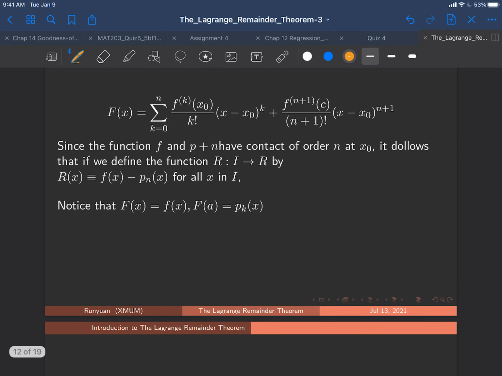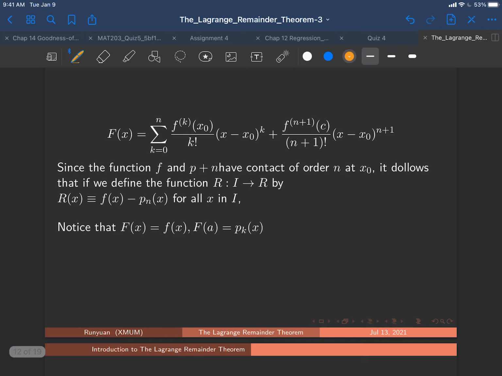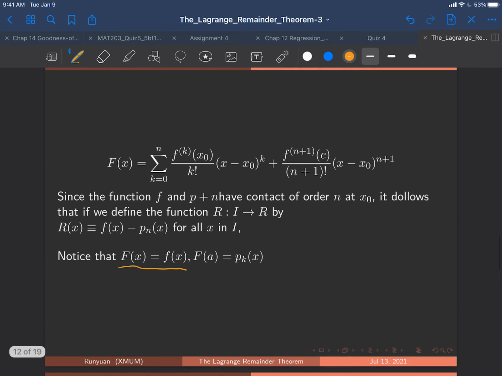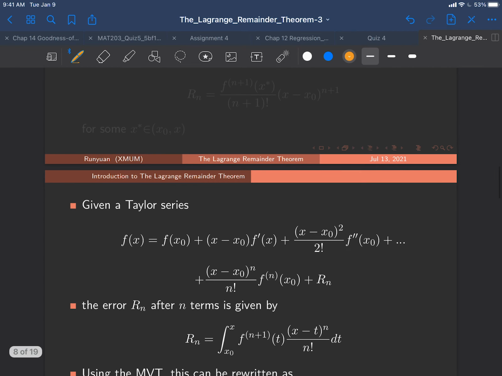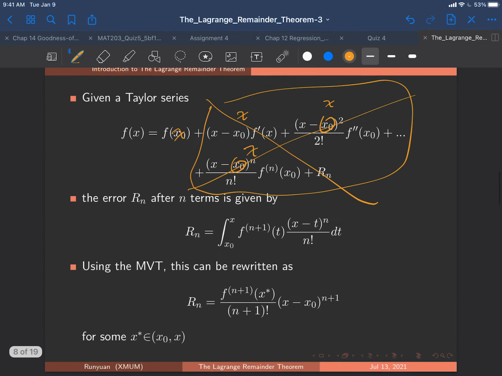And notice that the value at x will equal f(x), because in the Taylor polynomial, if every x0 is equal to x, they finally cancel, so it will only leave the f(x) term.